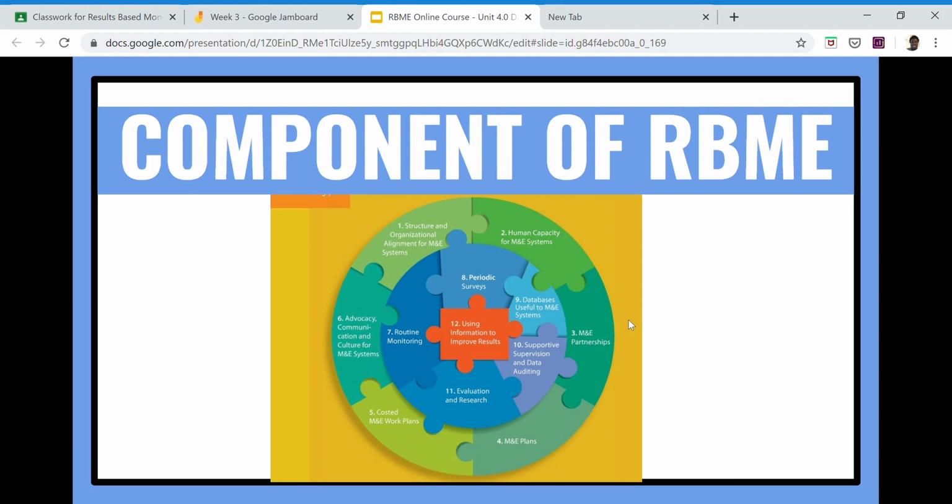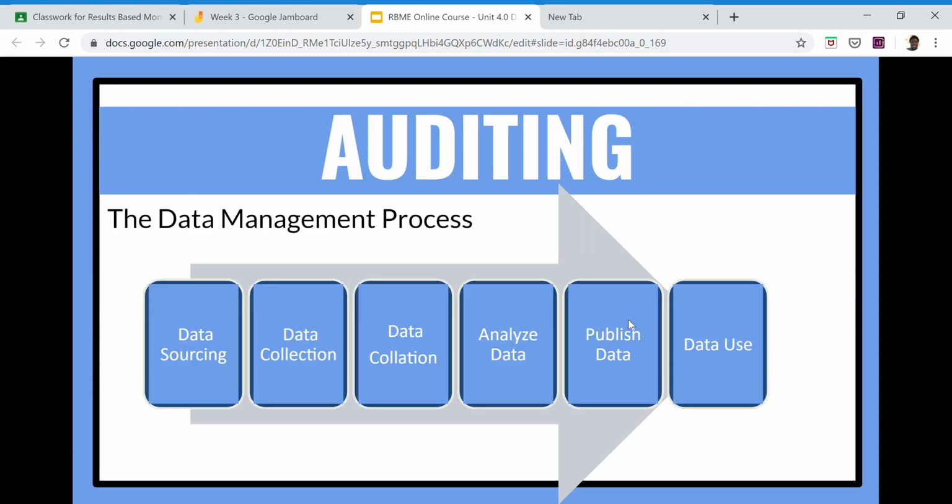So that's just the basic differences between both of them, and it's important to factor in the data management process which data auditing focuses on.